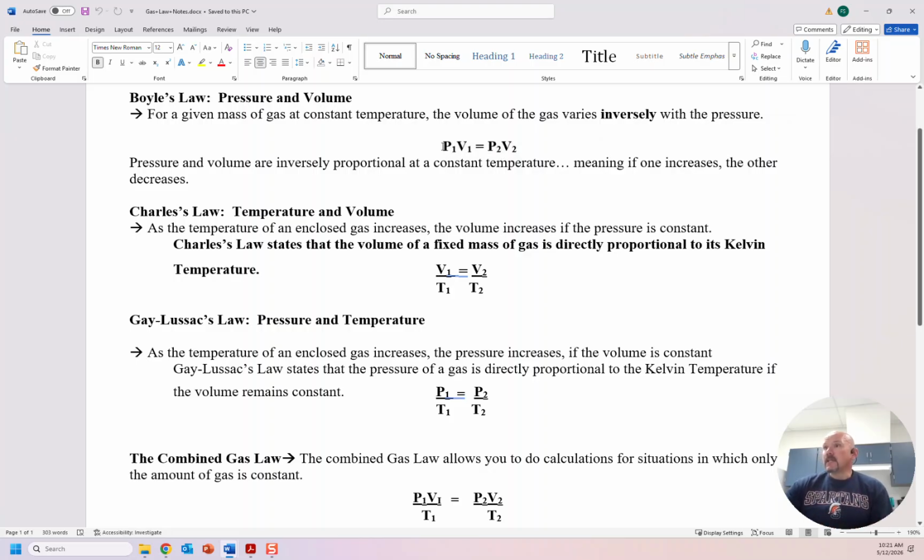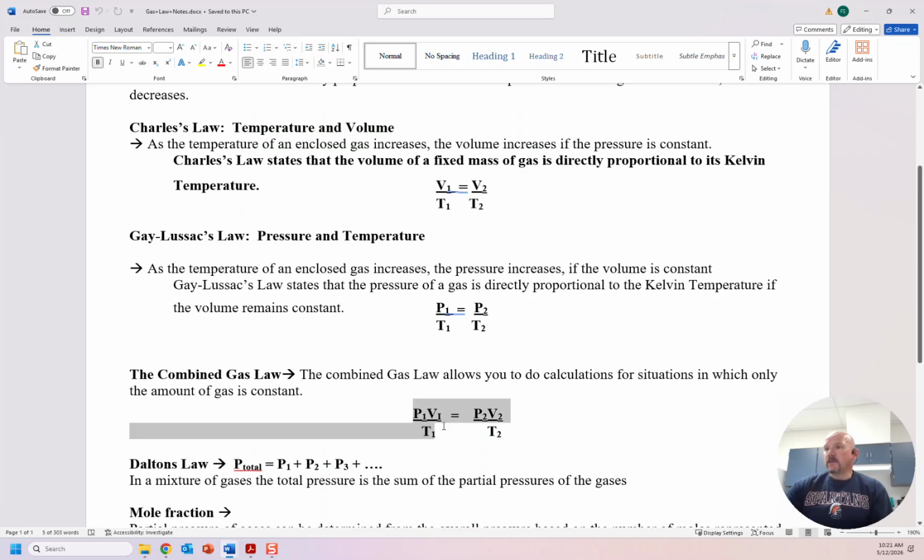But what you need to understand is the relationship it describes. You don't need to know that this one's called Charles' law, but you need to know that it's initial volume over initial temperature equals final volume over final temperature. But when it's pressure and volume, it's initial times initial equals final times final. And the different relationship that has, okay?